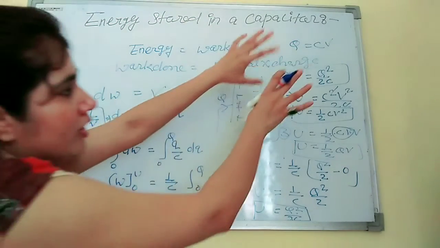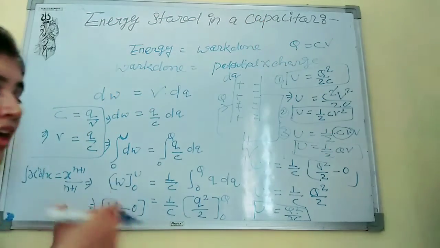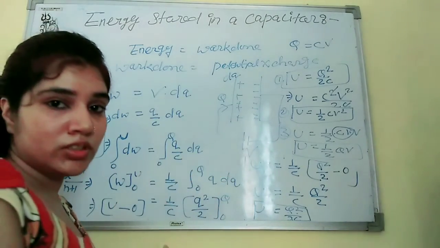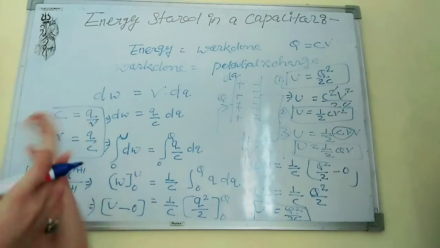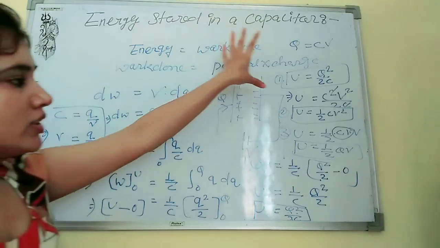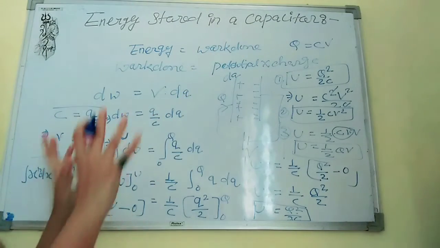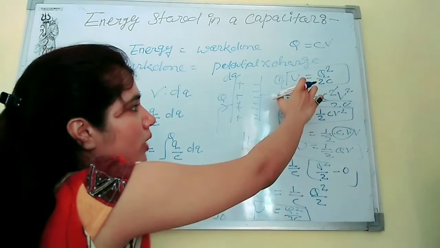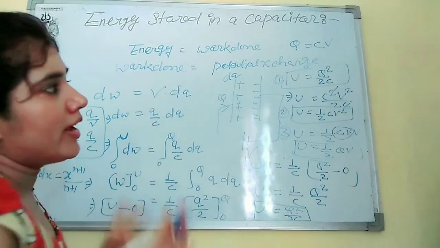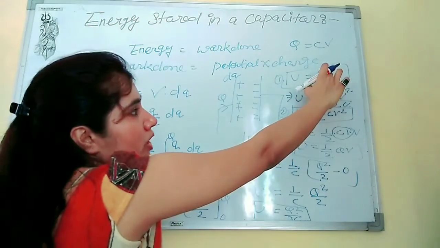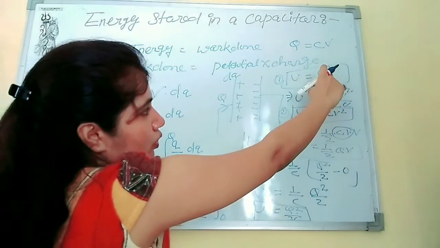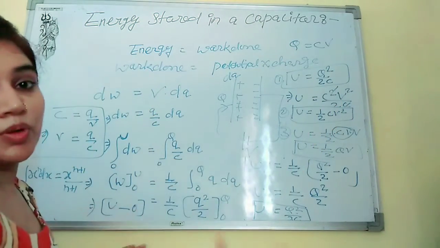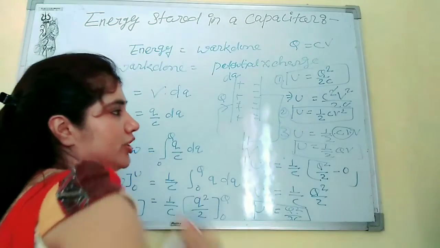So what you can conclude, we are just manipulating these formulas and changing the variables. This will help you to solve the numericals. So all these three formulas are forms of potential energy. And if you see this one, you will find when your Q is constant, then C is inversely proportional to the potential energy.